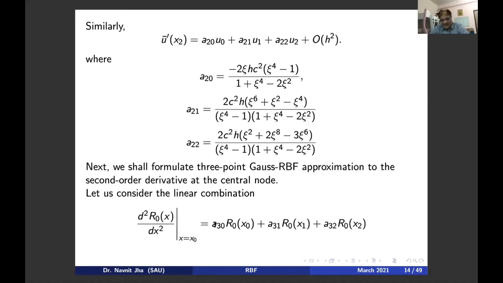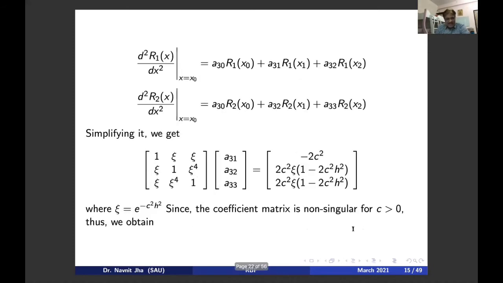I have used another weight coefficient: a30 r naught at x naught plus a31 r naught at x1 plus a32 r naught at x2. That is the radial basis function r naught at three different points in a linear combination. And another two equations are for the other radial basis functions r1 and r2. So I have three equations. Just simplify it. Xi is same as before. I have got this matrix.